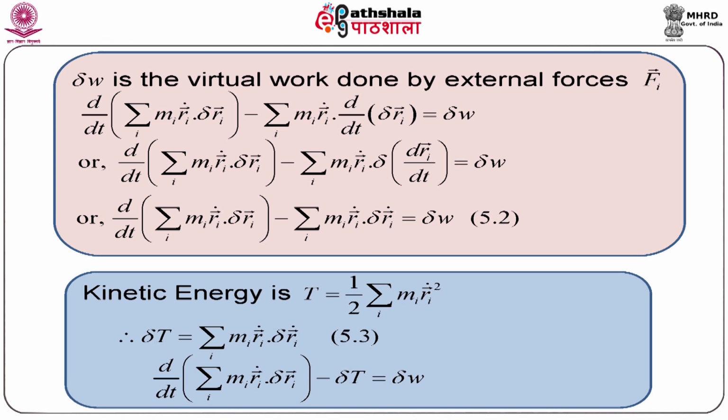Now, the kinetic energy of the system is T equal to half summation over i m_i r_i dot squared, since kinetic energy is half m v squared. Therefore, delta T equal to summation over i m_i r_i dot delta r_i dot.